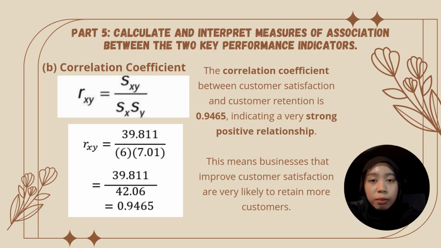In simple terms, the higher the customer satisfaction score, the higher the likelihood that customers will stay loyal to the business. This finding is important because it shows that improving customer satisfaction can significantly improve customer retention rates for the local businesses.